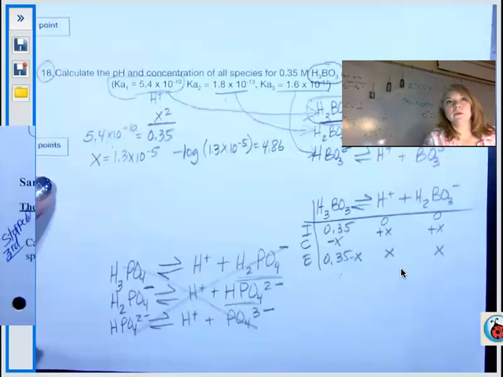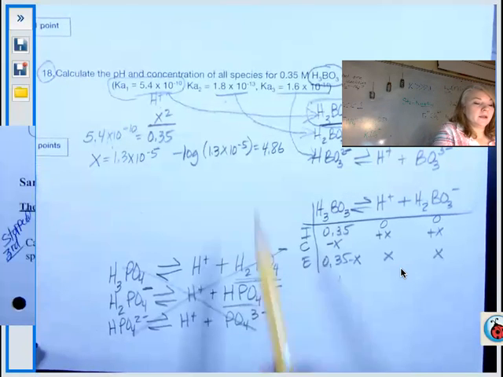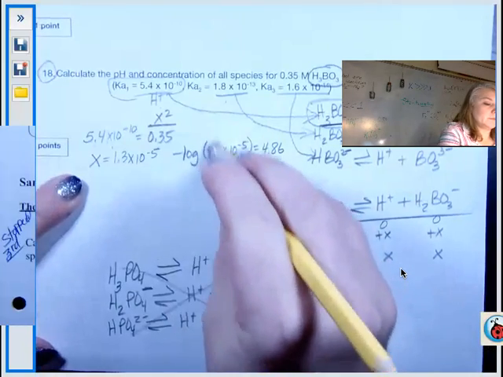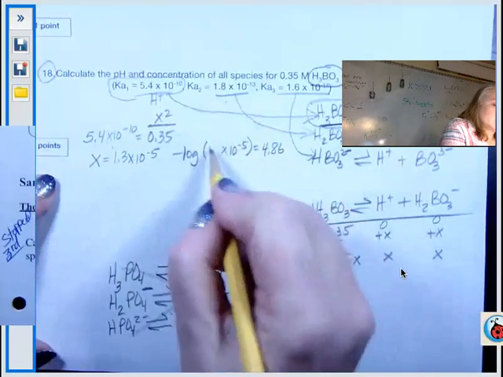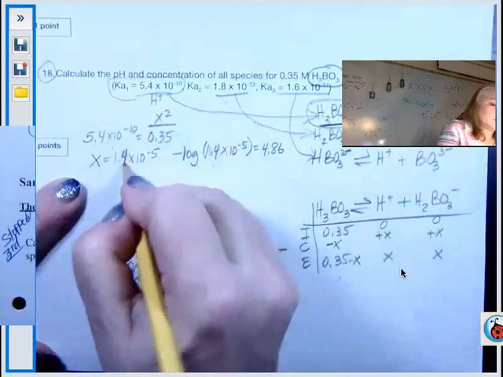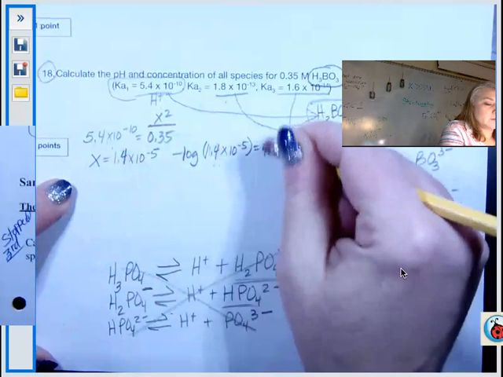Are we all cool? Everybody good? All right. It would round to more like 1.4. Oh, would it? Okay. And so does that change your pH effectively? What would it change your pH to?